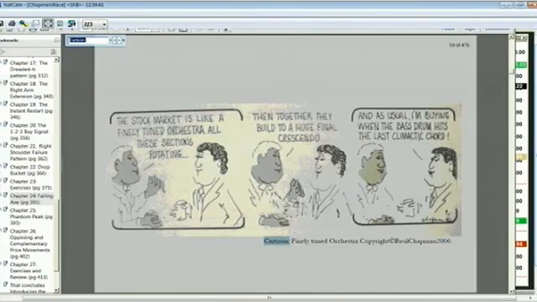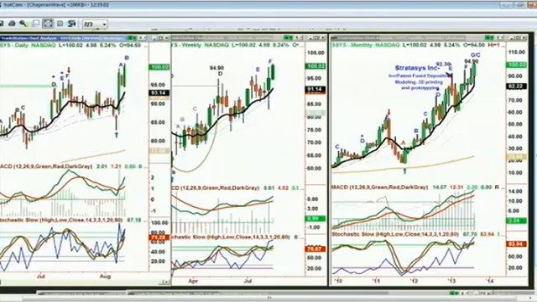Then the next little cartoon says, then together they build to a huge final crescendo. And then the husband says, and as usual, I'm buying when the bass drum hits the last climactic chord. So this is exactly as you would feel right now if you were to buy Stratus Systems Inc. Now, let me explain what I'm looking at here.